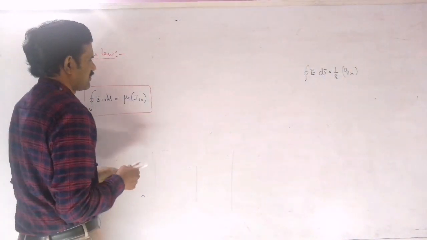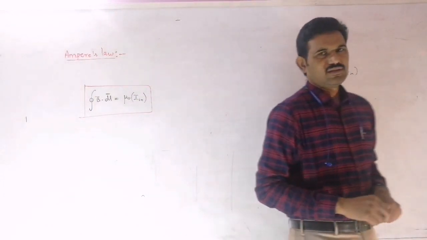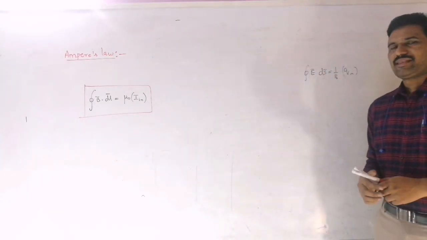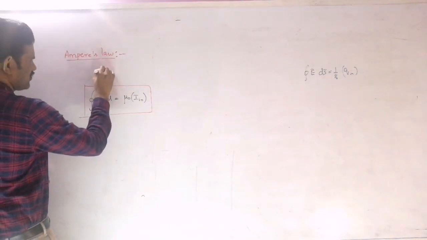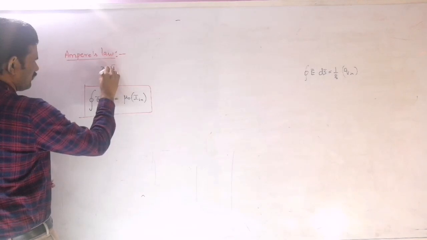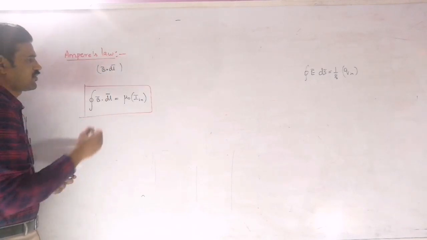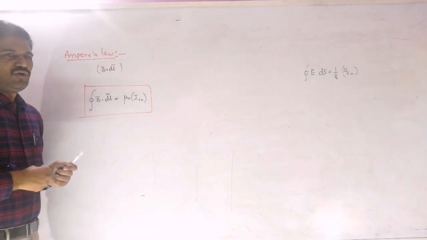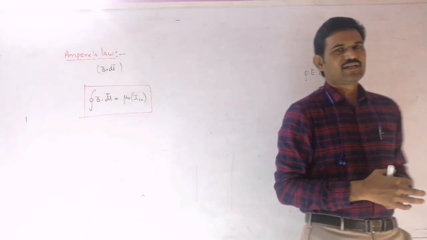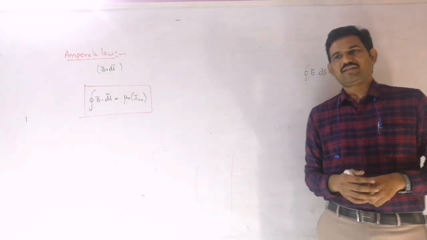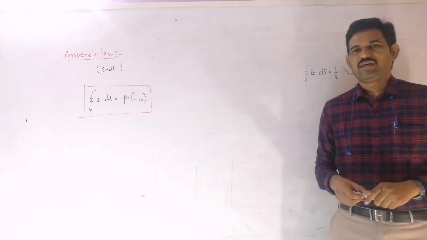Now first write the statement here, just in these terms. Ampere's law: the line integral of B bar dot dl bar is equal to mu naught times the net current enclosed by the Amperean loop.